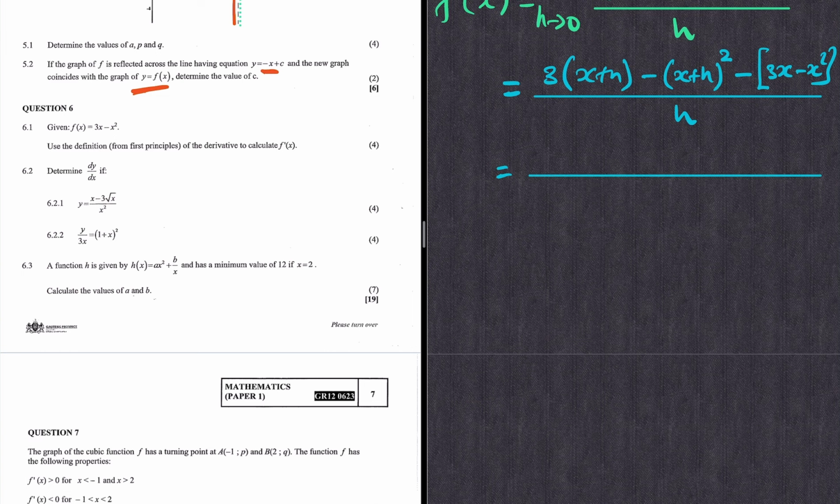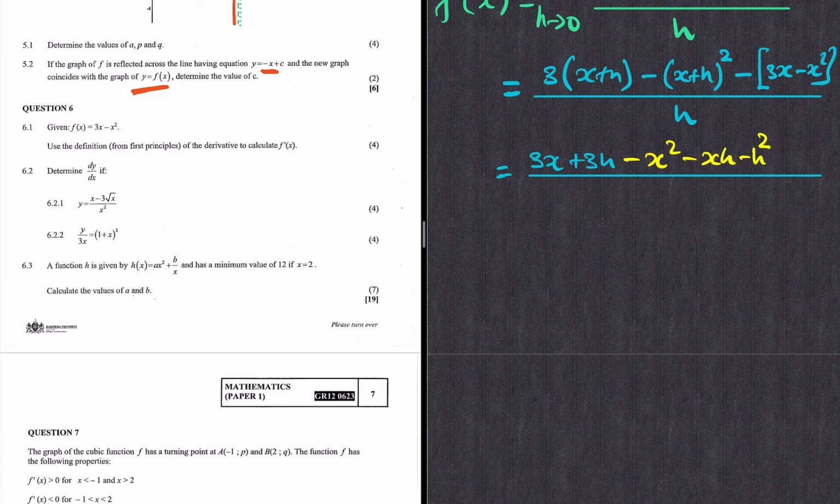Let's try to be very quick. And then you remove the brackets. Okay, so that is 3x, and then you have a plus 3h. You need to really remove this carefully, and you're going to have a negative x squared, negative xh, and then negative h squared.